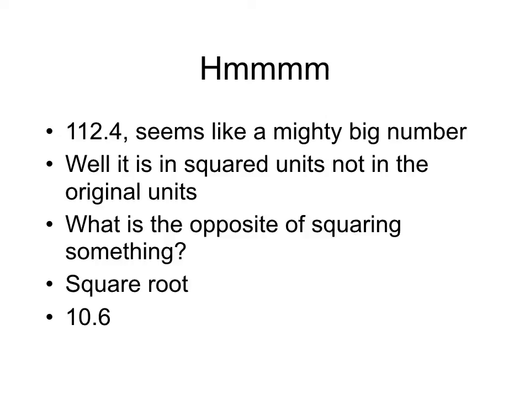No, what was the number again? 112 point something. Well, the number has to be somewhere between 10 and 11, because 10 squared is 100 and 11 squared is 121. So it's got to be somewhere between those. Just keep that in mind.